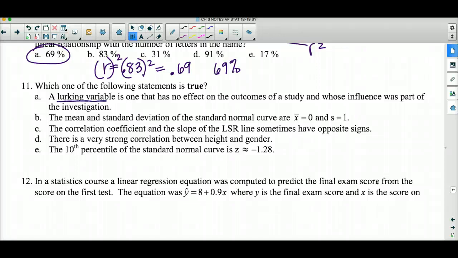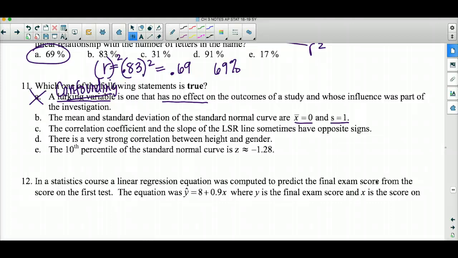Does a lurking variable have an effect? A lurking variable, another way to think about it is confounding. Confounding variable, does it have an effect? Yeah, a confounding variable has an effect. That's why we say, well, we have to have a control so we know what the confounding variable is doing and we can negate that variable. The mean and standard deviation of a normal curve are 0 and S is 1.